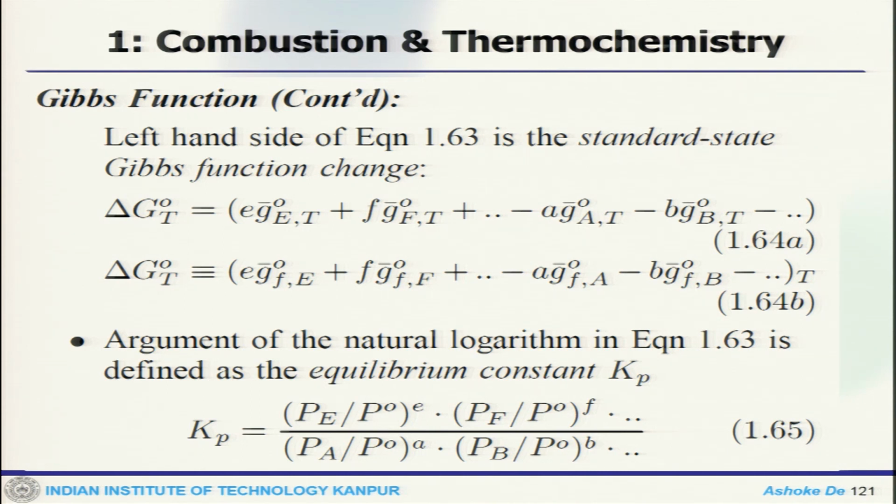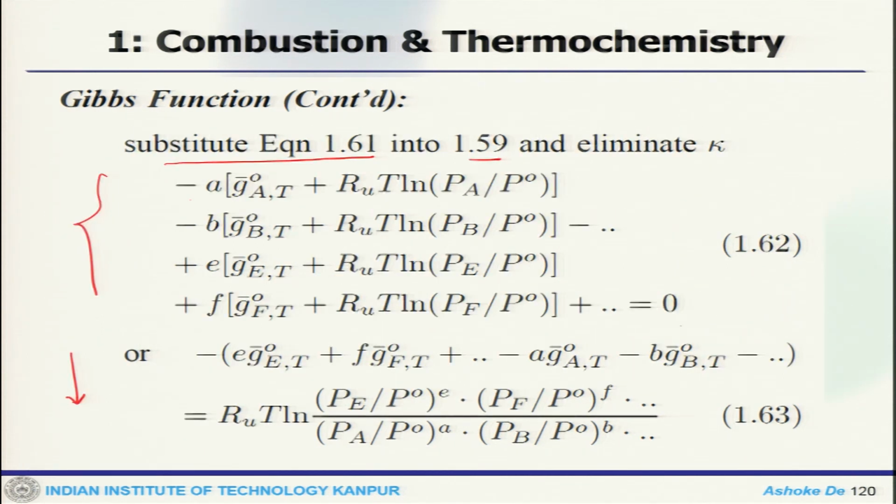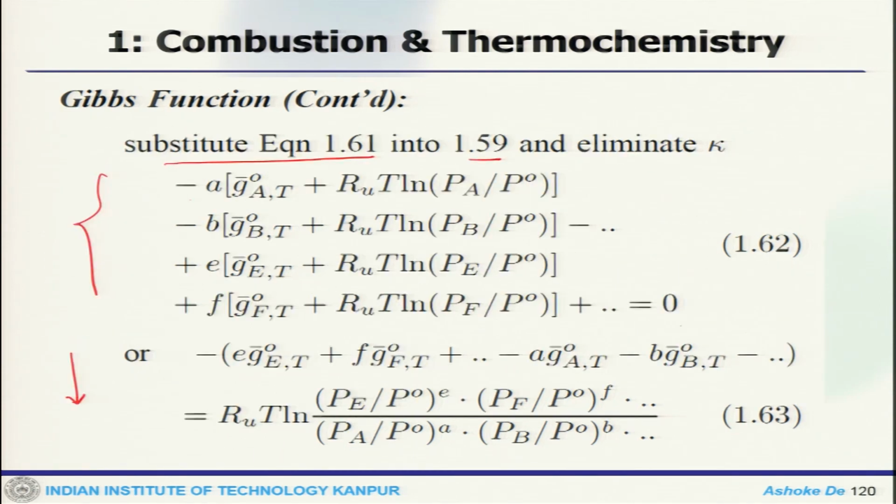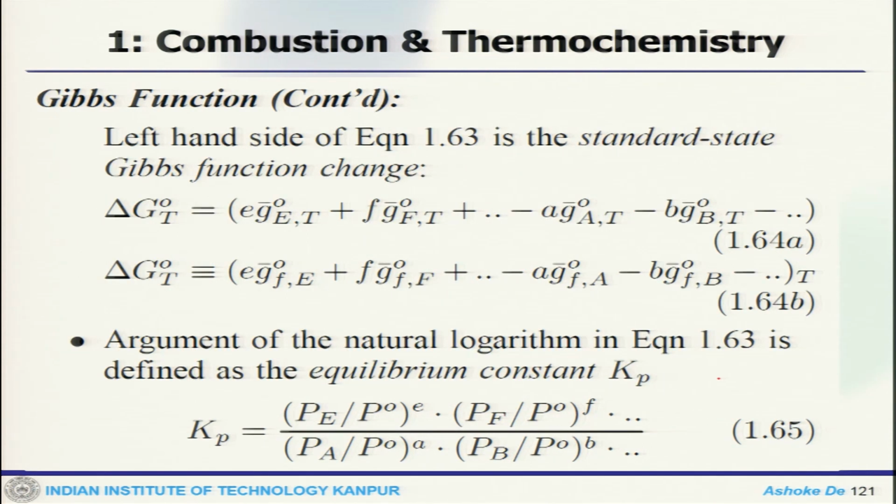Now you can look at the previous equation 1.63: the left-hand side is the standard state Gibbs function change. So one can write that the change of Gibbs function would be this much, and this would be another one.